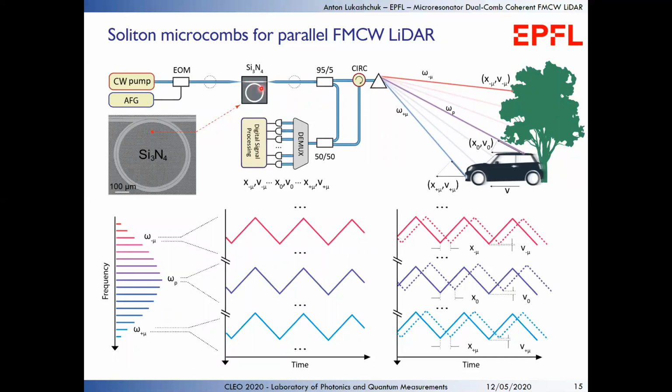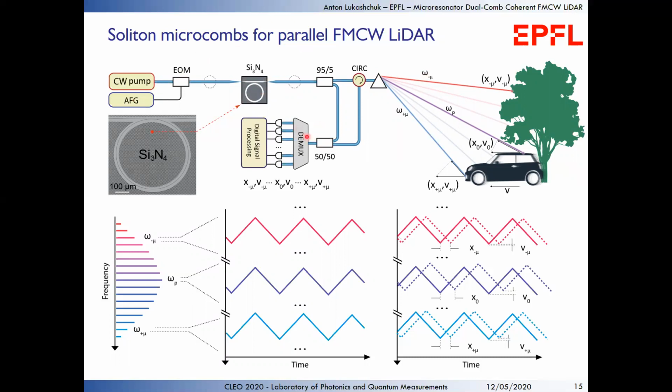And once we have generated the soliton state, we turn on our function generator. And here we have an electro-optical modulator so that we sweep the pump. And once we sweep the pump, then of course, every line of the soliton is also swept. And then we use some diffractive element to eliminate the pump and perform a heterodyne measurement.